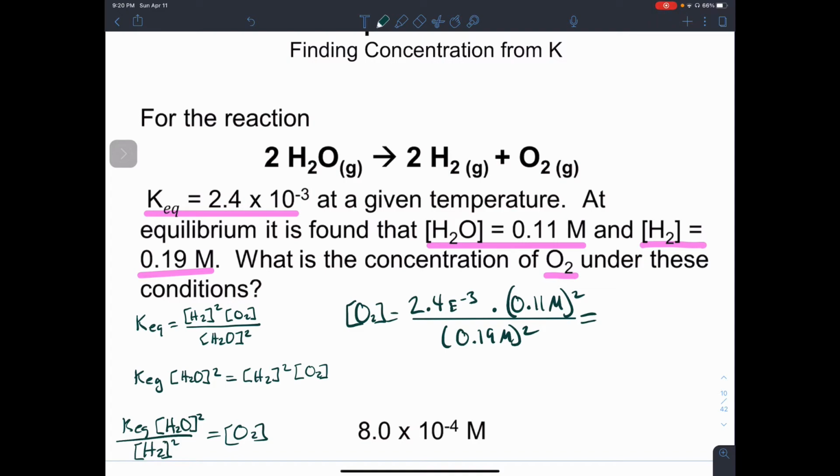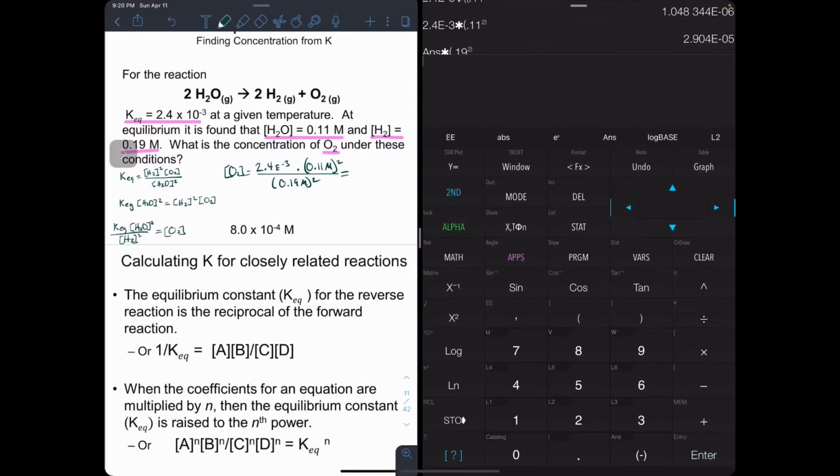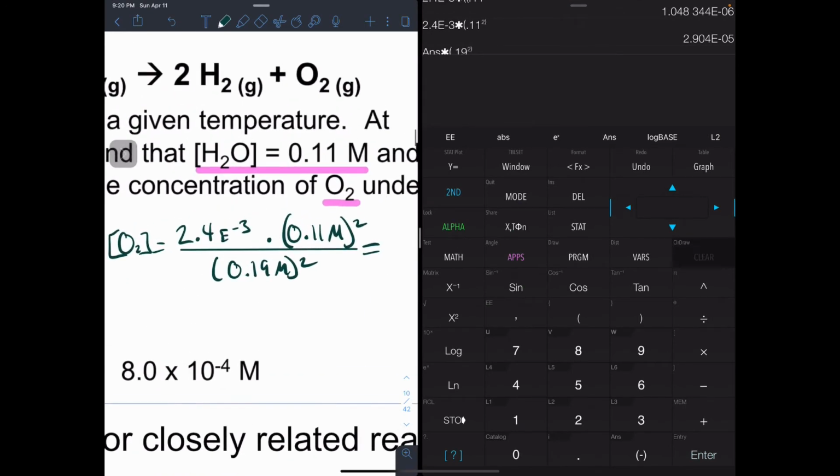So I plugged in everything matching my equation below, and then we'll just plug that into our calculator. I like to use parentheses so that my calculator knows to square before it multiplies, right?